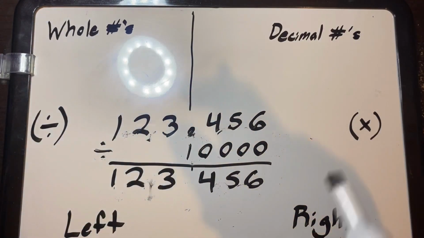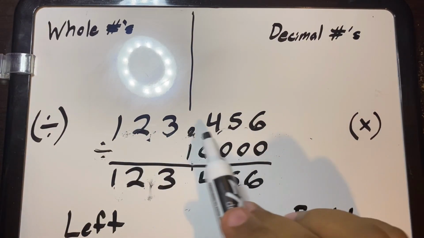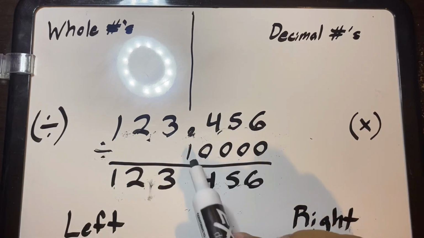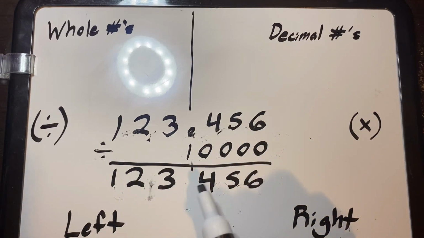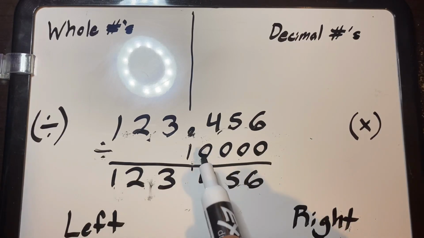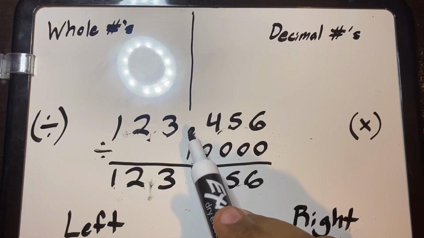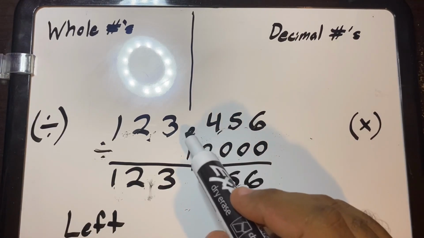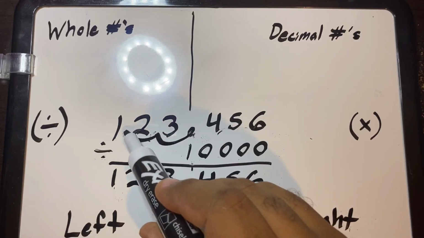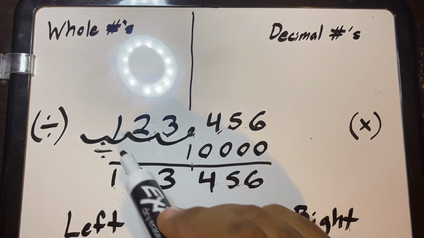We already know that 123.456 divided by 1 is already 123.456. But instead of 1, 2, or 3 zeros, we have 4. So all we're going to do is move this decimal point 4 times to the left. So 1, 2, 3, 4.